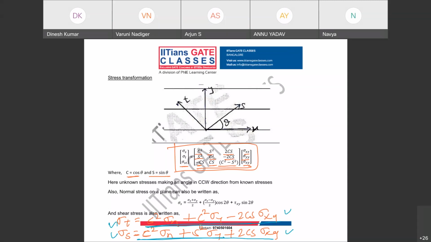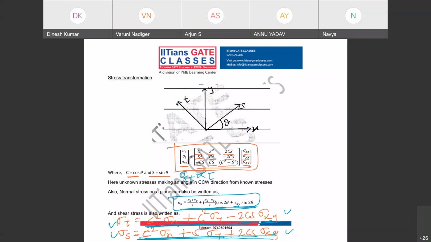Now these are the trigonometric formulas. We can further simplify. Most of you will be aware of this formula. Your normal stress is sigma x plus sigma y by 2 plus sigma x minus sigma y by 2 cos 2 theta plus tau xy sin 2 theta. Clear? If you simplify this equation, you will get this formula. Now come to the last part, which is your shear, sigma st or tau.